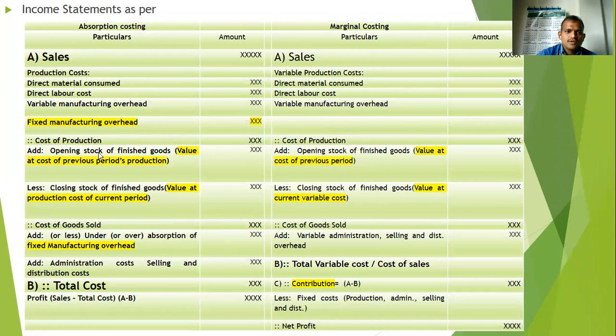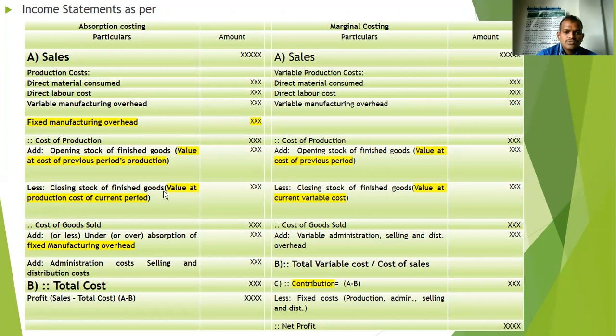Next, opening stock of finished goods, valued at cost of previous period's production. It means that opening stock involves fixed cost also. But in marginal costing, opening stock of finished goods is valued at cost of previous period, which doesn't involve the fixed cost at all.